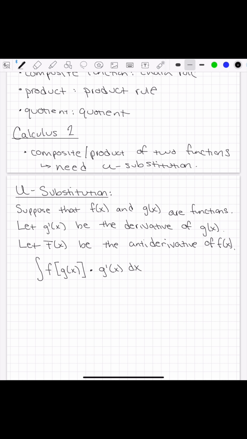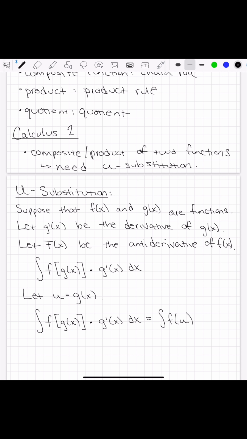What U-substitution calls us to do is let u equal g of x. So whatever function g of x is, you're going to replace it with u. So this becomes the integral of f of u.